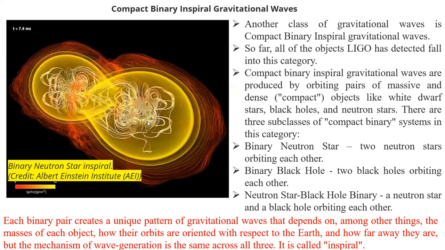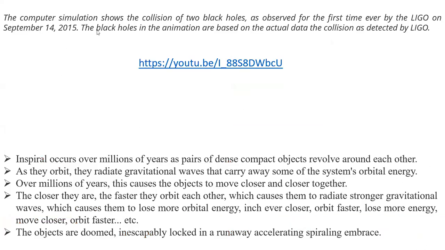Another category is a computer simulation that shows the collision of two black holes as observed by LIGO on 14th September 2015. The black holes in the animation are based on the actual data of the collision.